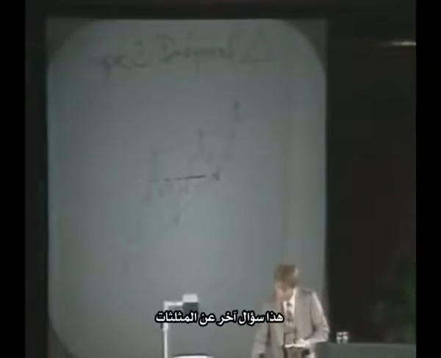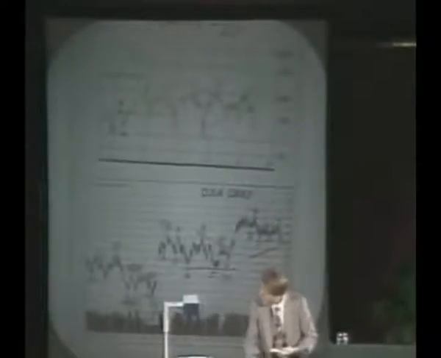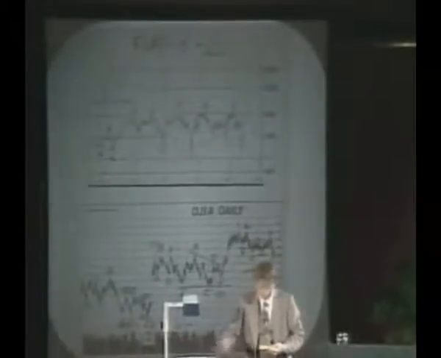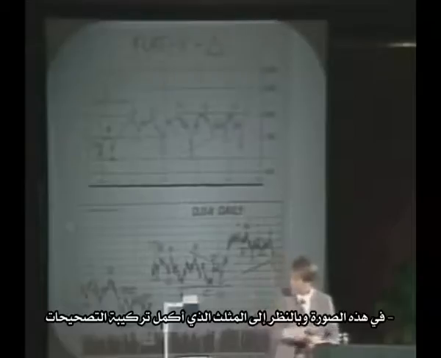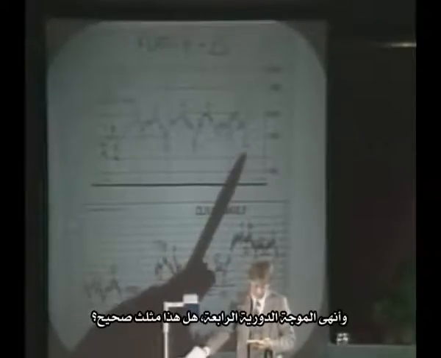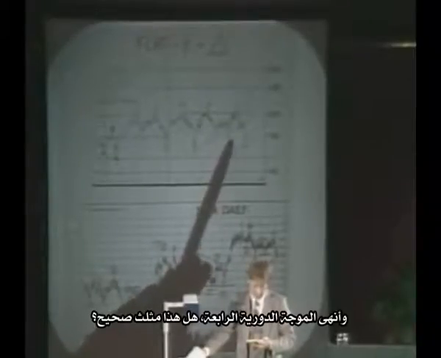Okay, this is a question about triangles, actually. In this picture, with regard to the triangle that completed the combination correction, that finished cycle wave 4, is this a valid triangle? Wave E bottoms below the trend line. Where is it relative to wave C?